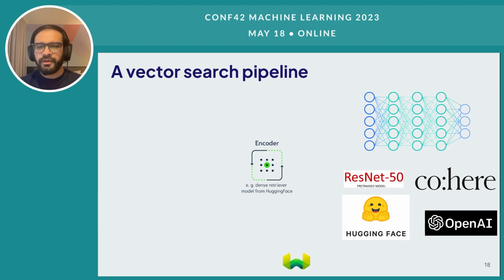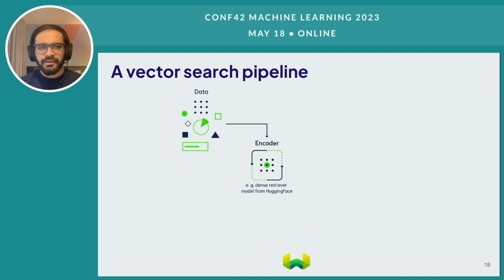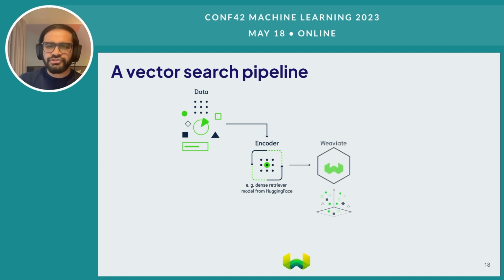It can be a model that, for example, OpenAI has created and offers through an API. All of these models allow you to take your data, in whatever format the model understands, and generate vectors for that data. Then you take those vectors and put them into Weaviate, and Weaviate stores both the unstructured data object as well as the vector representation for that object.